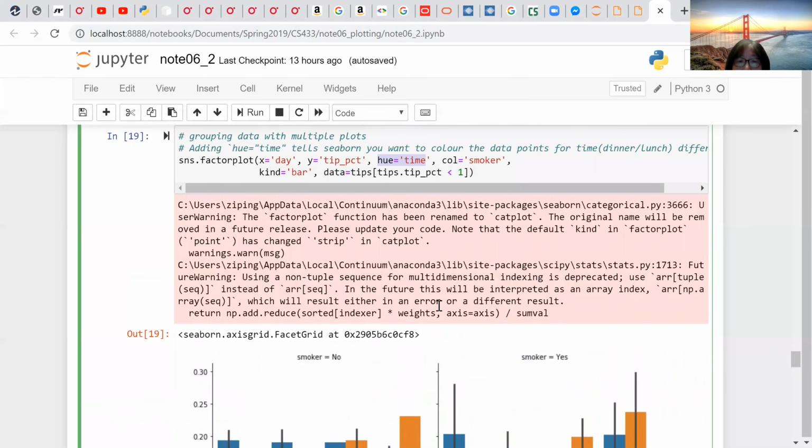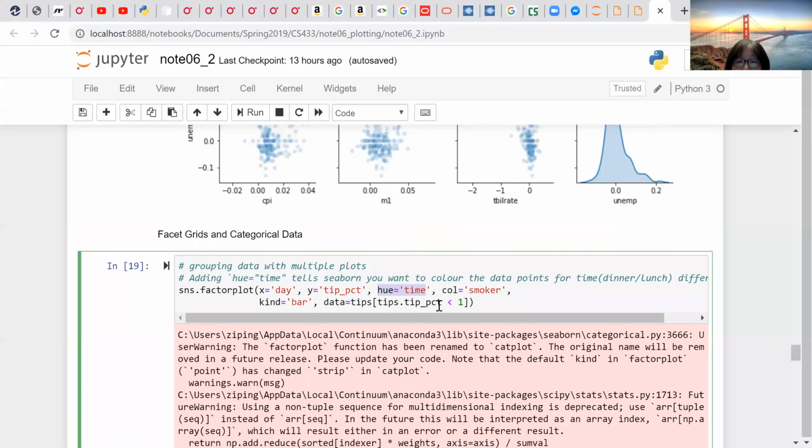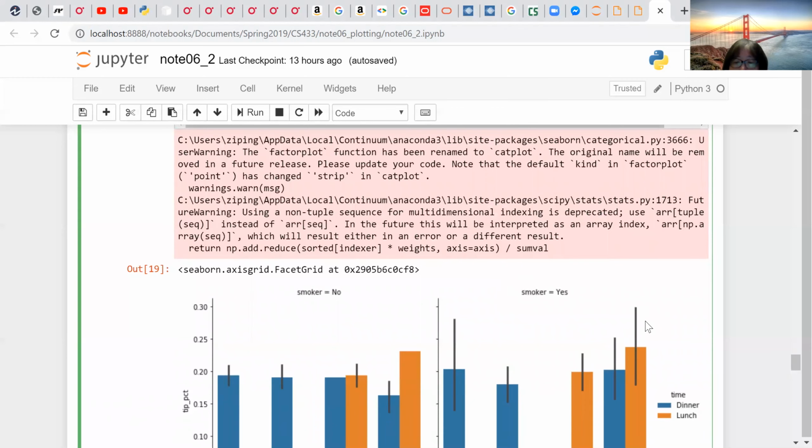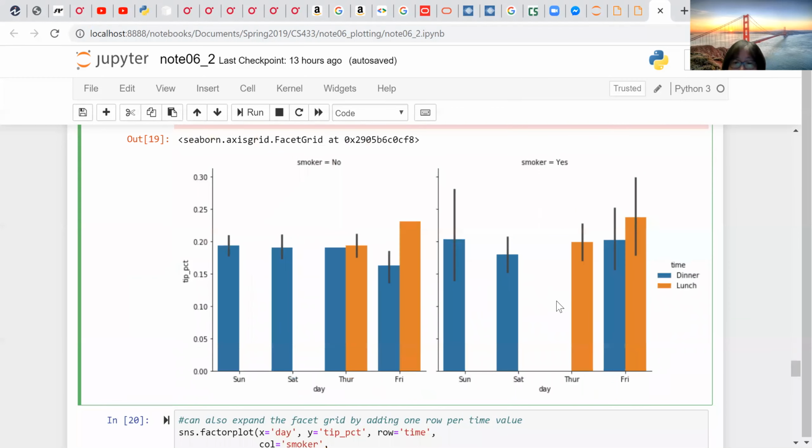The hue is going to differentiate, like, dinner or lunch, the different time. Over here, if you take a look at the plotting, we have two different colors: blue and orange. If we look at the legend, it shows it's based on time.